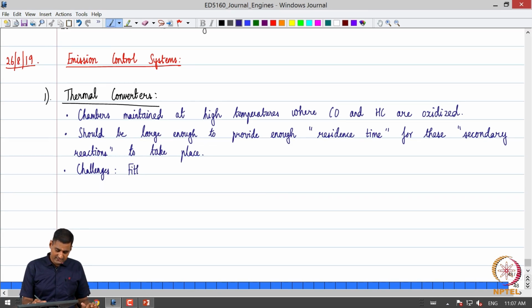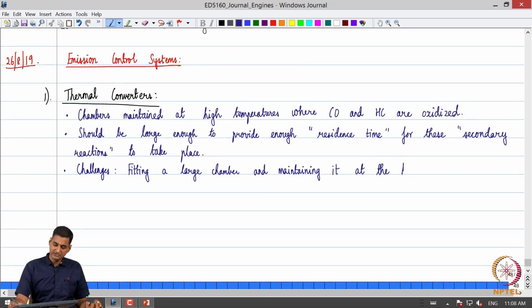So, one challenge is fitting a large chamber at the engine exhaust and maintaining it at the high temperature required. So, that is a challenge behind the use of a thermal converter.